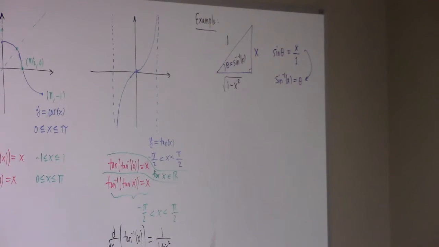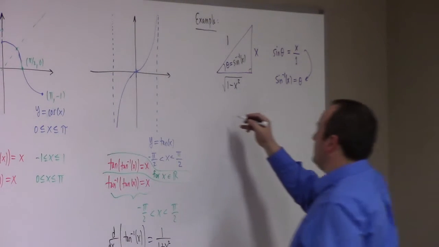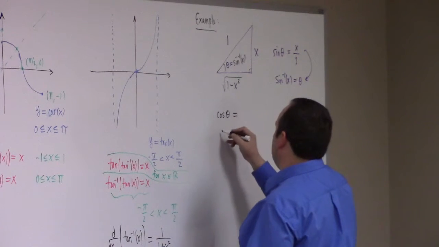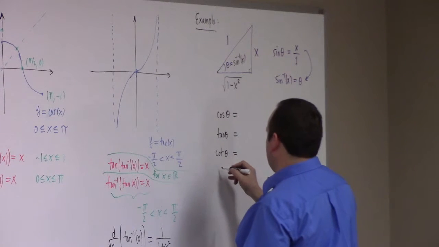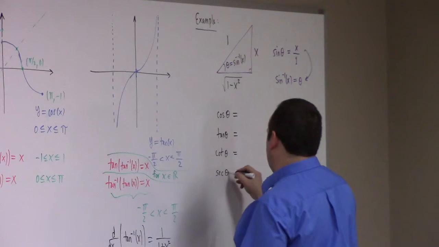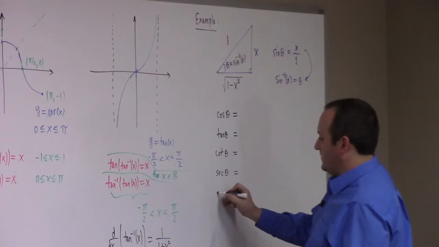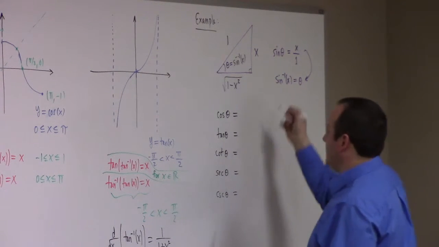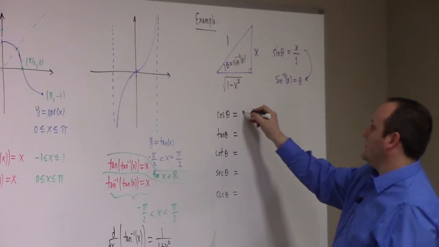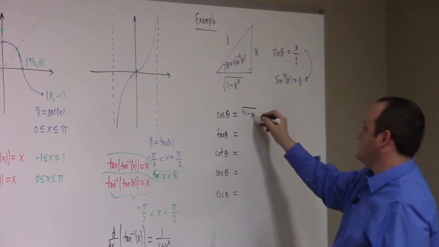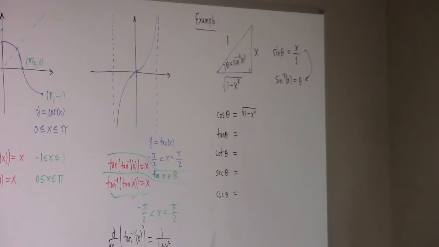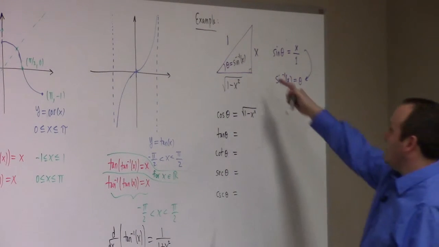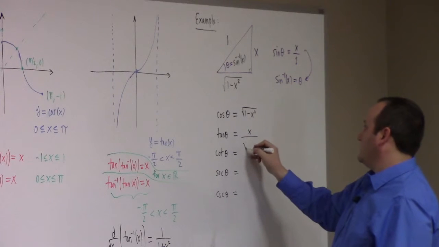Now, once I've written that, it's a breeze to write down cosine theta, tangent theta, cotangent theta, secant theta, etc. Cosecant theta, while I'm at it, fine. Cosine theta is the square root of 1 minus x squared divided by 1. I won't write the divided by 1 if that's okay with you guys. Tangent theta, opposite over adjacent, is x over the square root of 1 minus x squared.